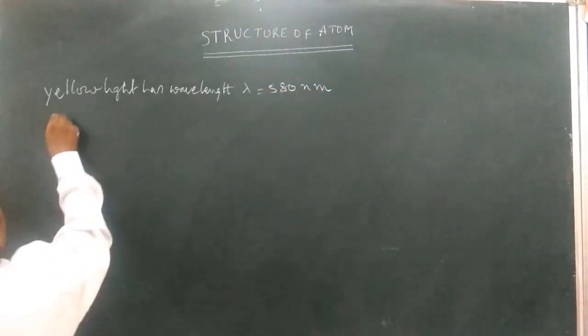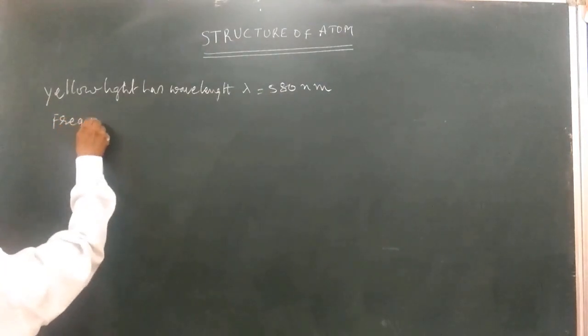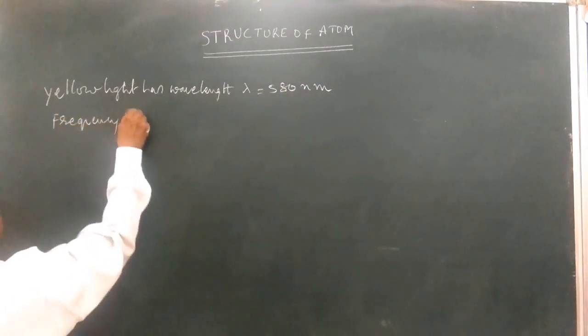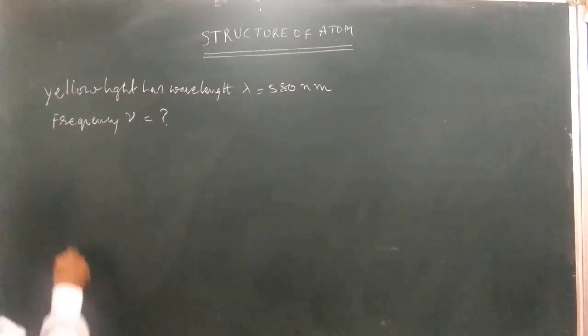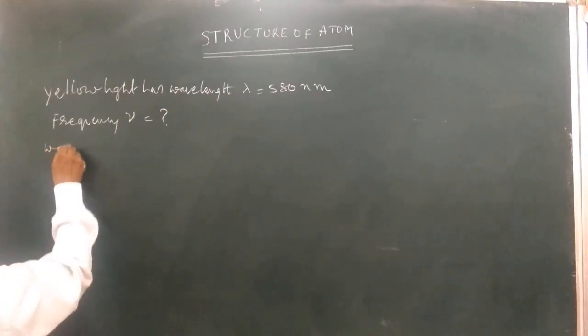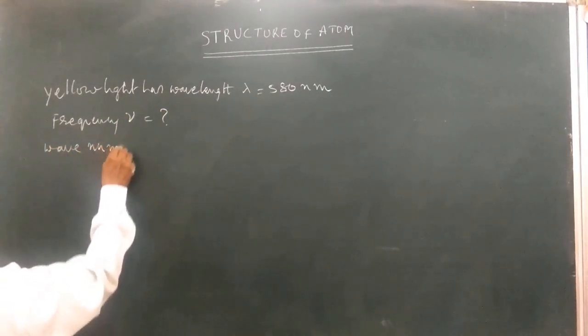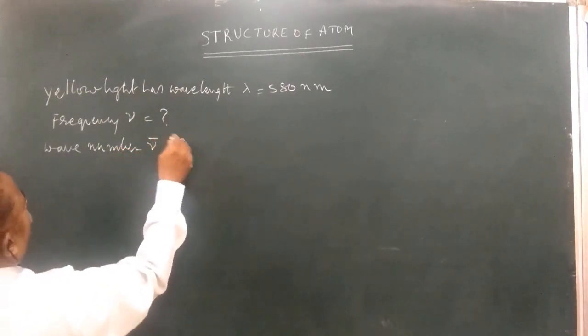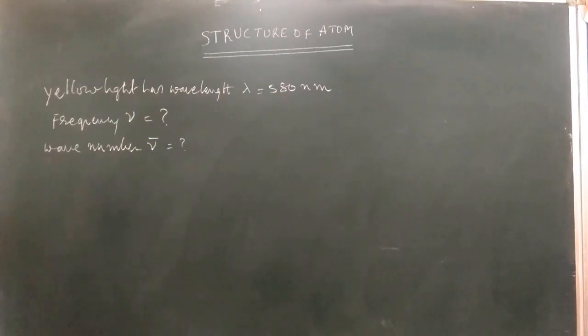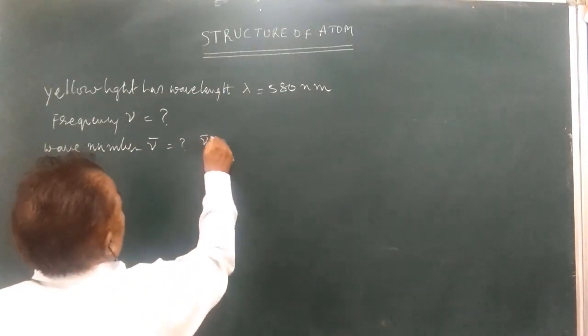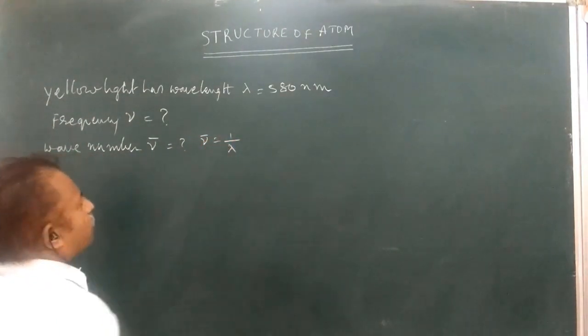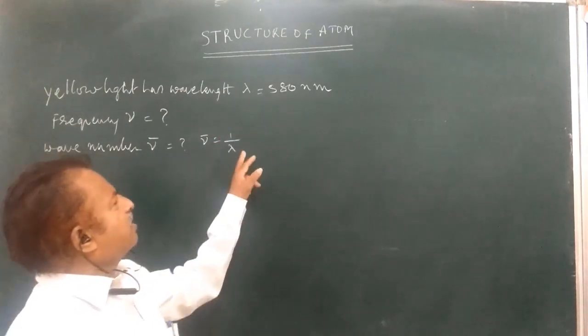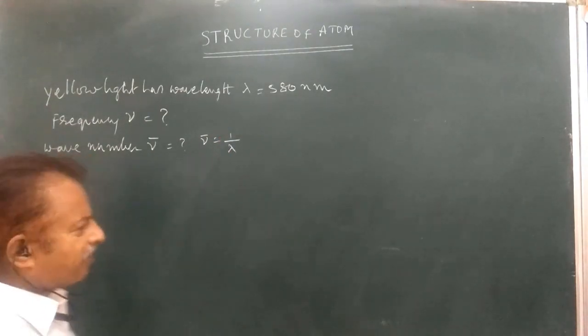Now what do we have to find? Frequency nu, and wave number nu bar. We know that nu bar equals 1 by lambda. So if we take the reciprocal of lambda, we get the wave number.